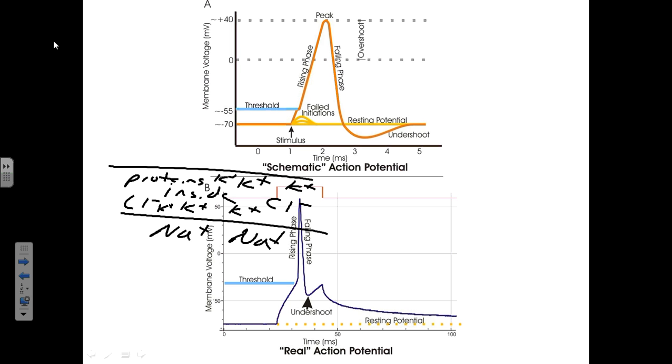Sodium. Well, if on this neuron there's channels for sodium, right now they're closed, but all of a sudden that neurotransmitter binds and opens those channels, which way is sodium going to go? In or out? If there's lots of sodium out here and not hardly any in here, it's going to go in, right?